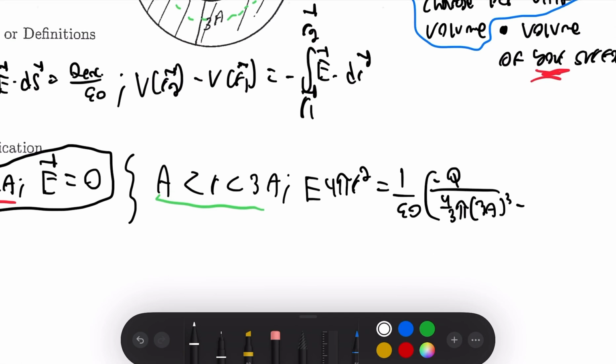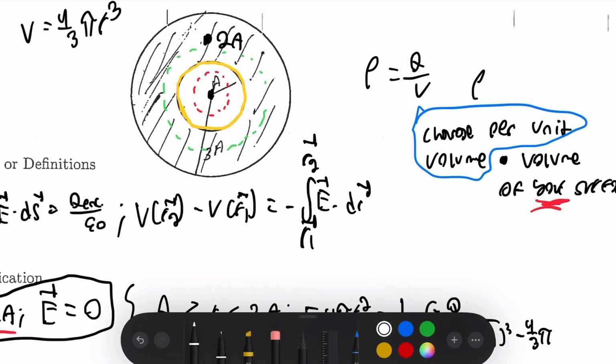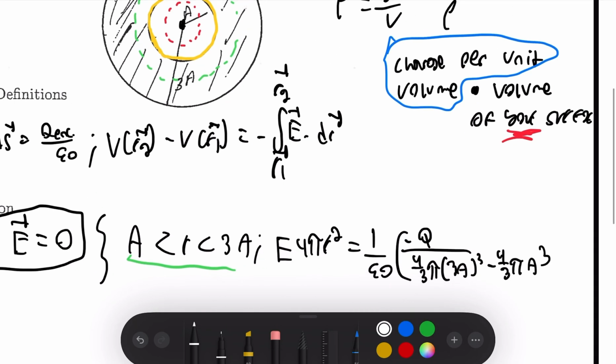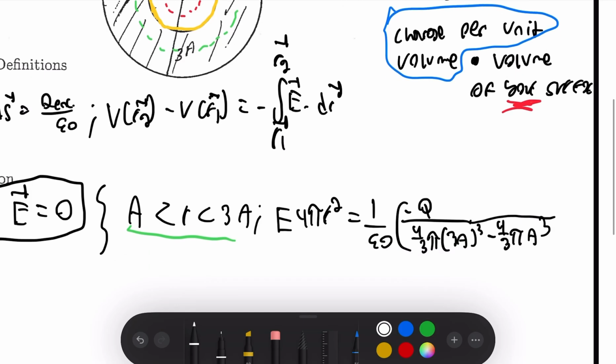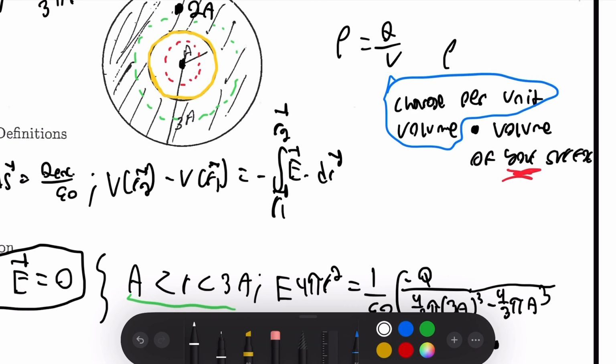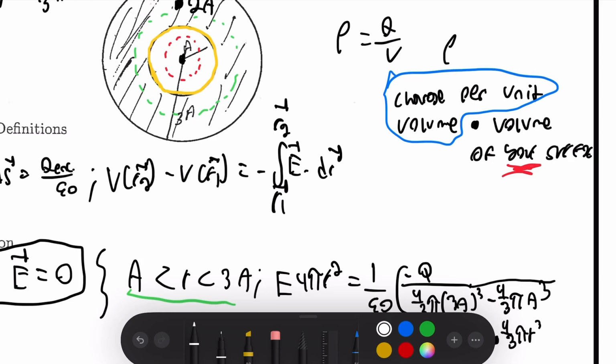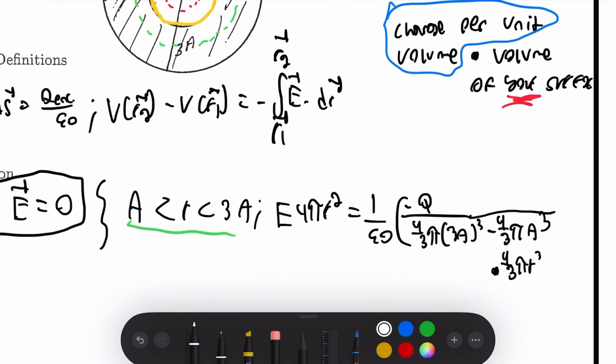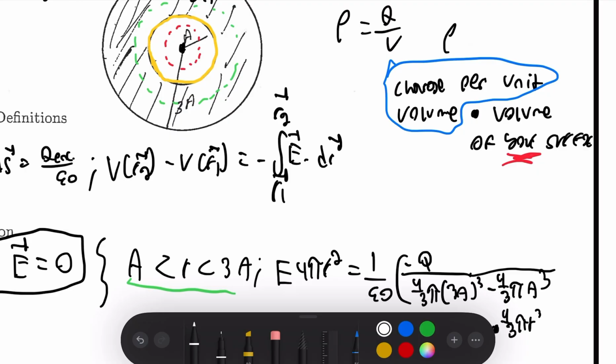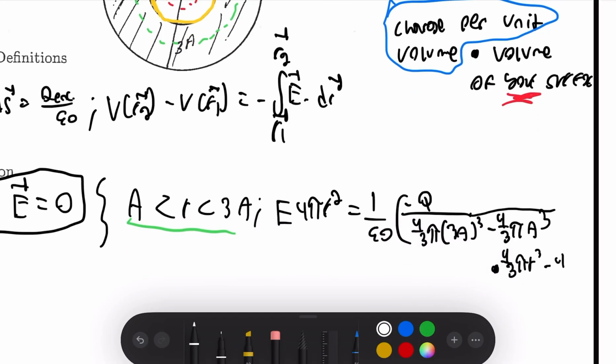So that's going to be minus 4 over 3 pi, and that hole had a radius a, so a cubed. And this is going to be multiplied by our Gaussian surface volume, which is 4 over 3 pi arbitrary r cubed, because we're smaller than our radius 3a right now, right? Arbitrary r. And then we still need to subtract the hole in the middle. So minus 4 over 3 pi a cubed.